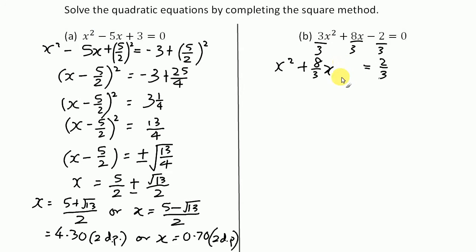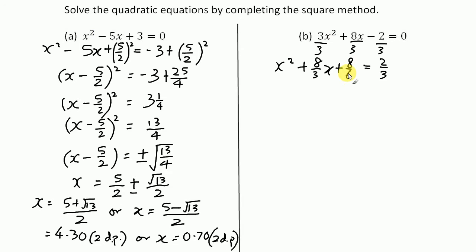Now we have to add 8 over 6. That is, we take the coefficient of x and divide by 2. We should have 8 over 6. And then we square this. 8 over 6 can be reduced to 4 over 3.